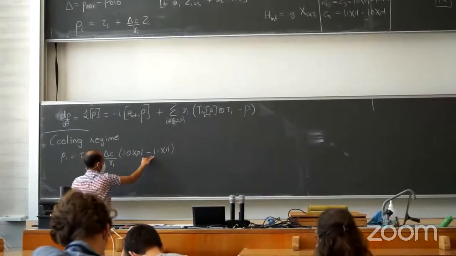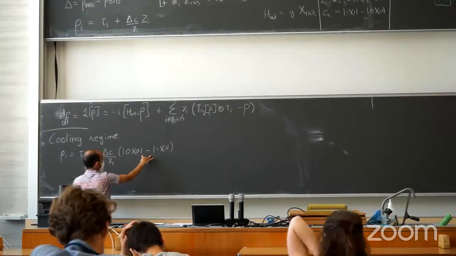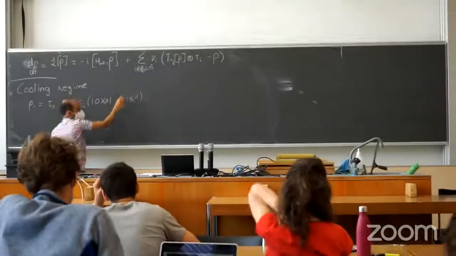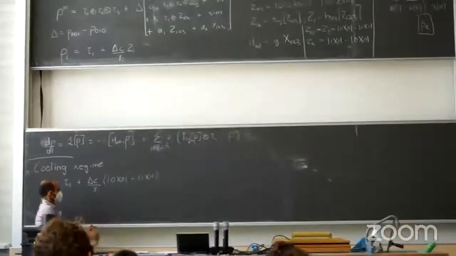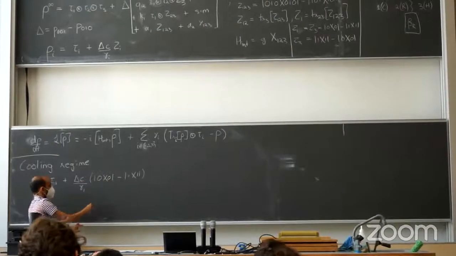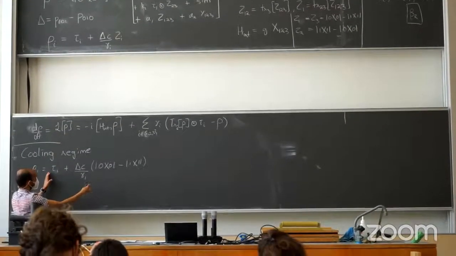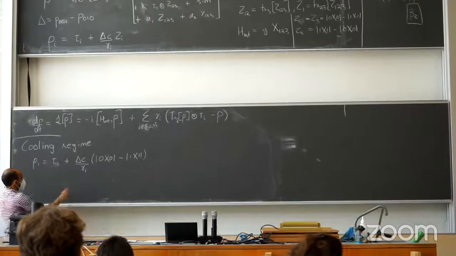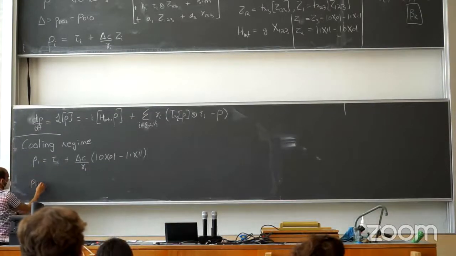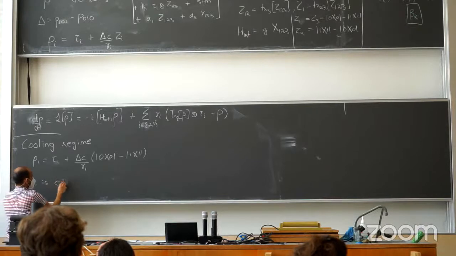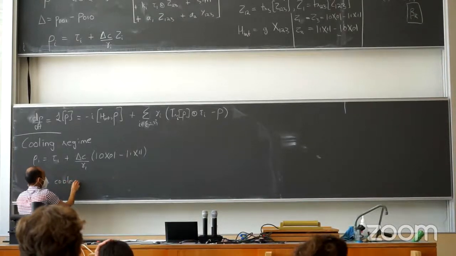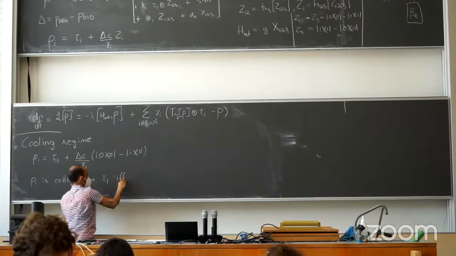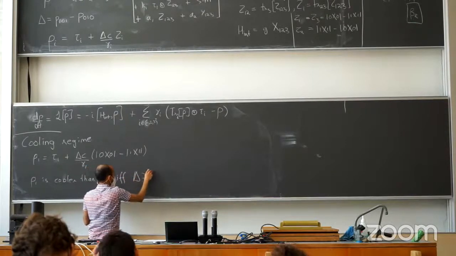Now this operator corresponds to cooling, because it's an operator that increases the ground state population and decreases the excited state population. So if the thing that multiplies this operator is positive, then I know that the resultant state is going to have a larger value in 0 than just the thermal state on its own. So rho 1 is cooler than tau 1 if and only if delta is greater than 0.